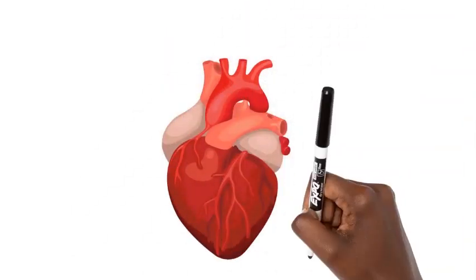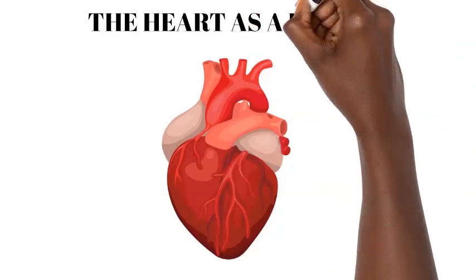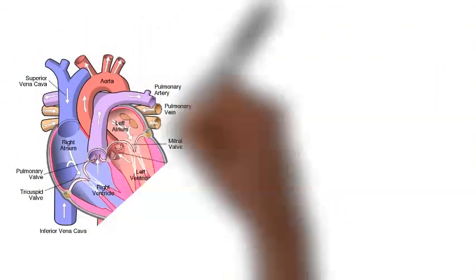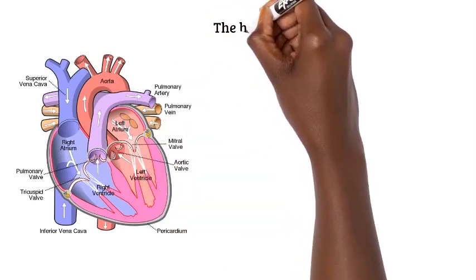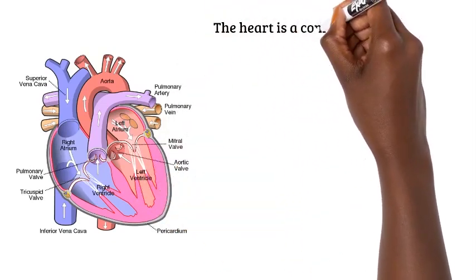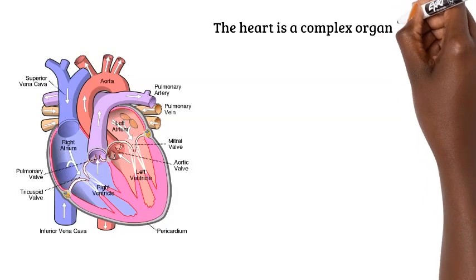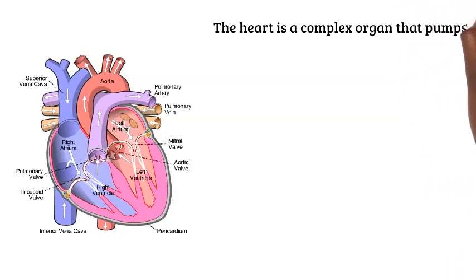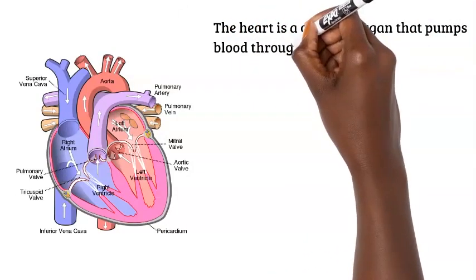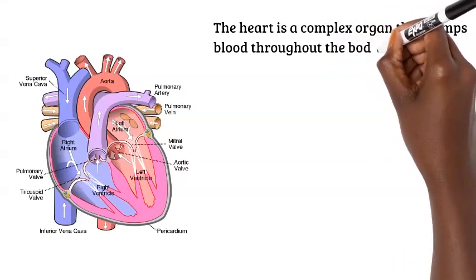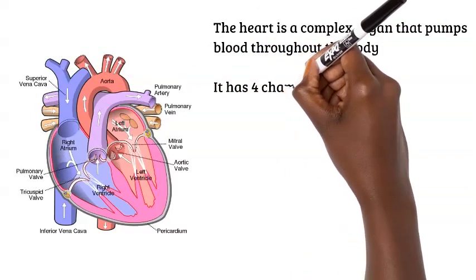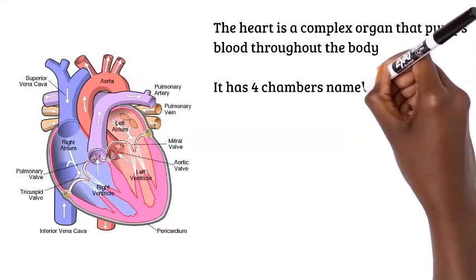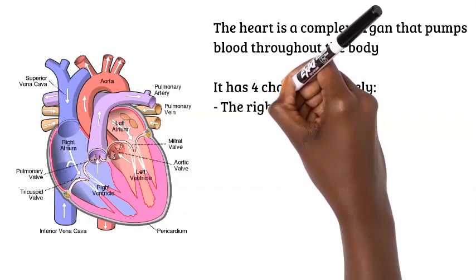Now, the heart as a pump. The heart is a complex organ that pumps blood throughout the body. Like we said earlier on, it has four chambers. These are the right and the left atria, and the right and the left ventricles.